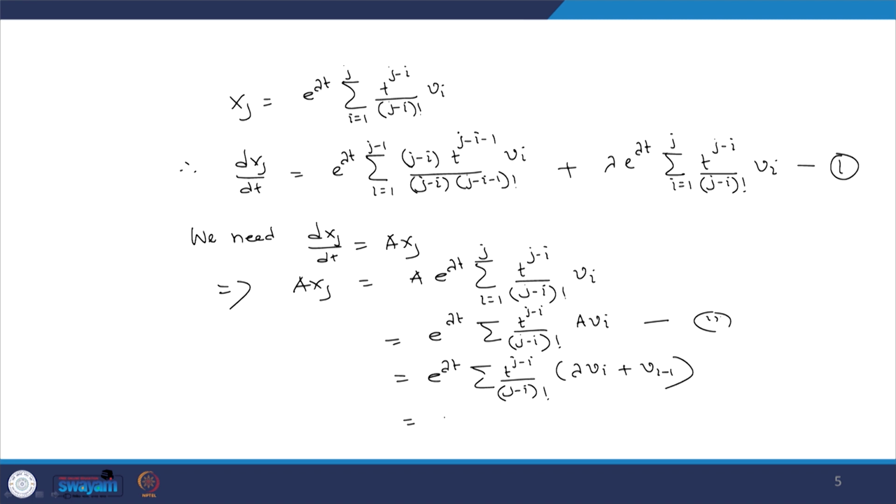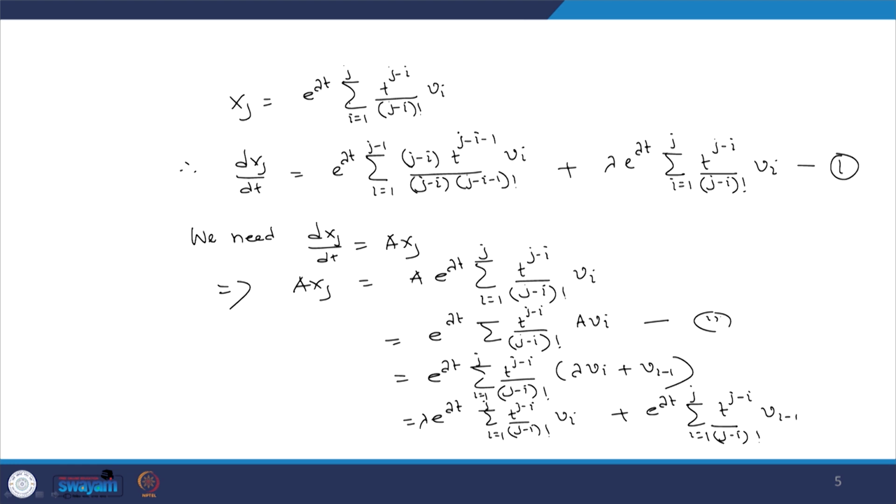So, this is equal to e to the power lambda t into, taking lambda common, the sum from i equal to 1 to j of t to the power j minus i by (j minus i) factorial into Vi, and the other term is e to the power lambda t into the sum from i equal to 1 to j of t to the power j minus i by (j minus i) factorial and Vi minus 1.